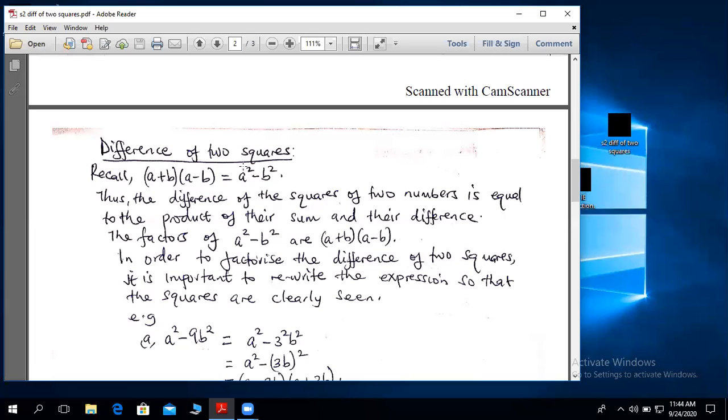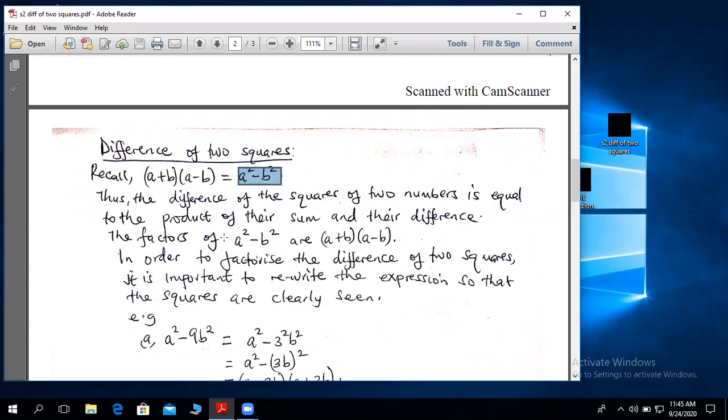So if this difference of two squares is equal to (A plus B) into (A minus B), it means that A plus B and A minus B are factors of this difference of two squares. So when I tell you to factorize this, your answer is only this one.